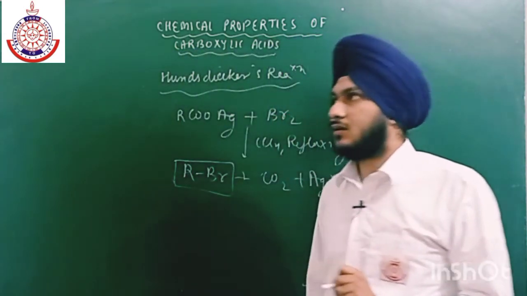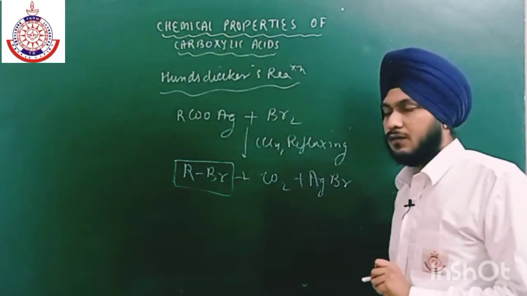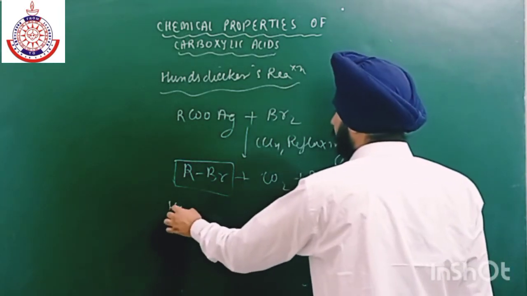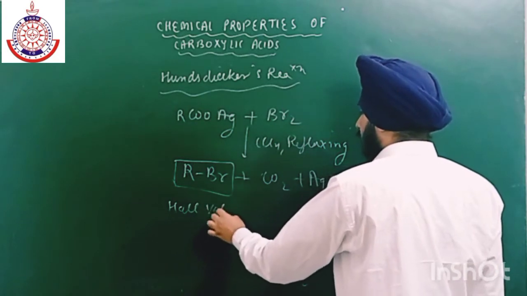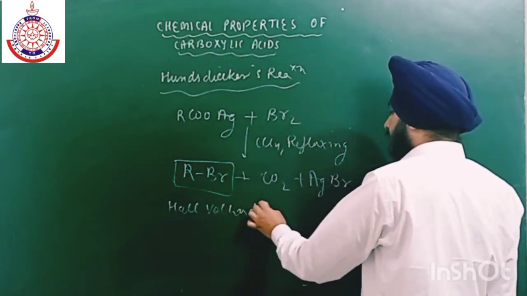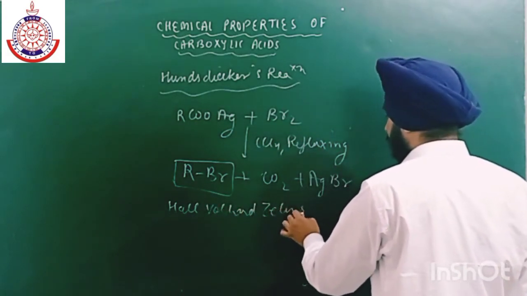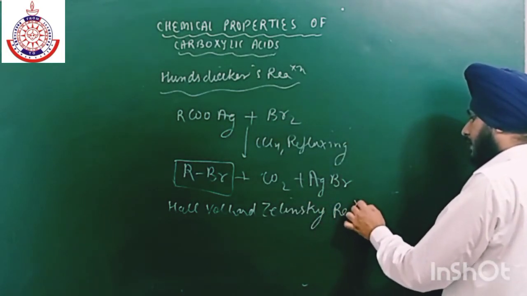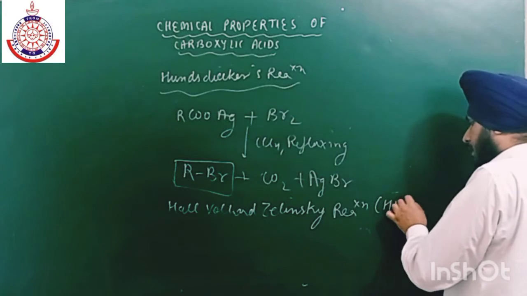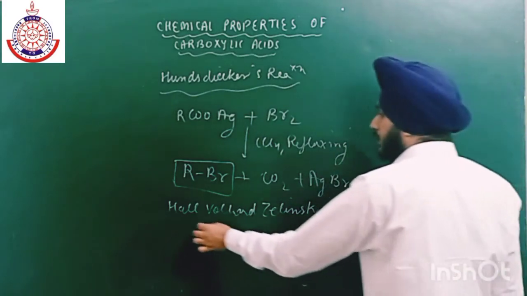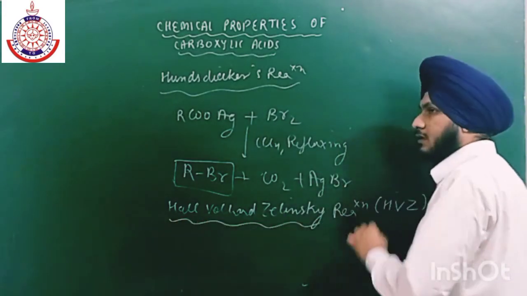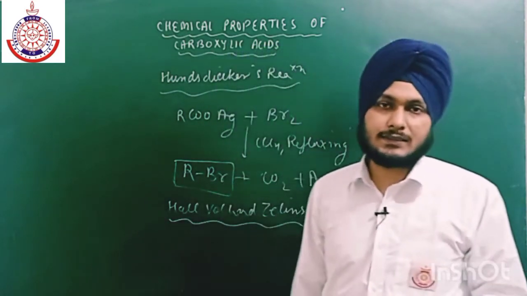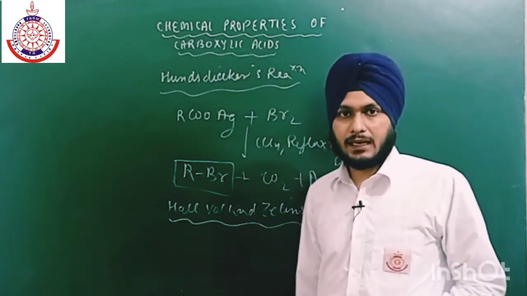Now there is also a name reaction, that is Hell-Volhard-Zelinsky reaction, HVZ. This is a very important name reaction, and in this reaction red phosphorus is used as a catalyst, and the reaction takes place at near about 630 Kelvin.